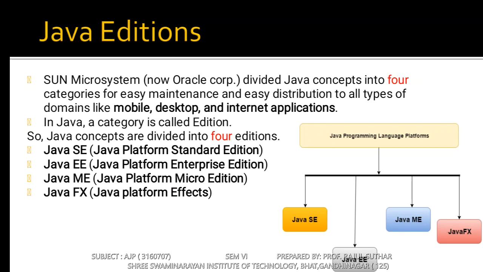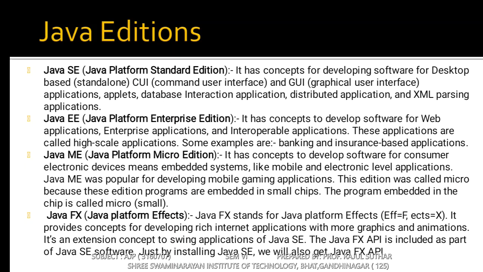ME is nothing but the Java Platform Micro Edition, and Java FX is also covered. Java FX is a new concept for Java platform effective for FX programming. The Java programming language platform is divided into 4 categories. Let me discuss them one by one.